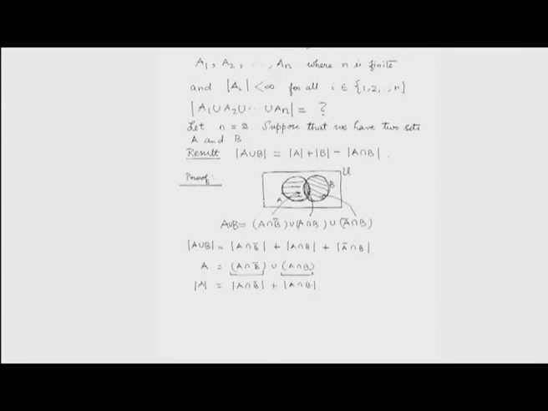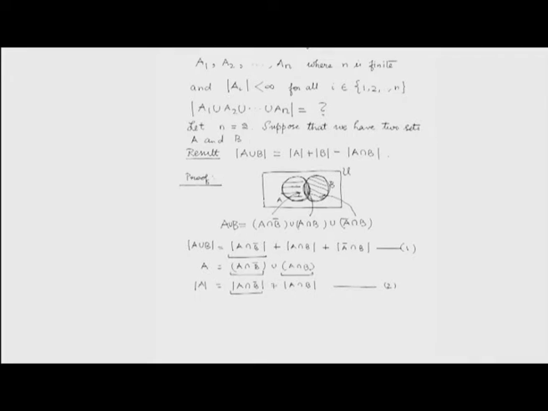But we see that equation 1 contains the cardinality of A intersection B complement, and equation 2 contains the same element.